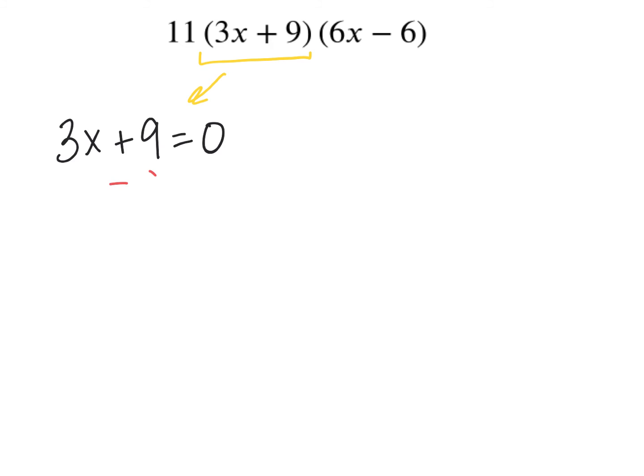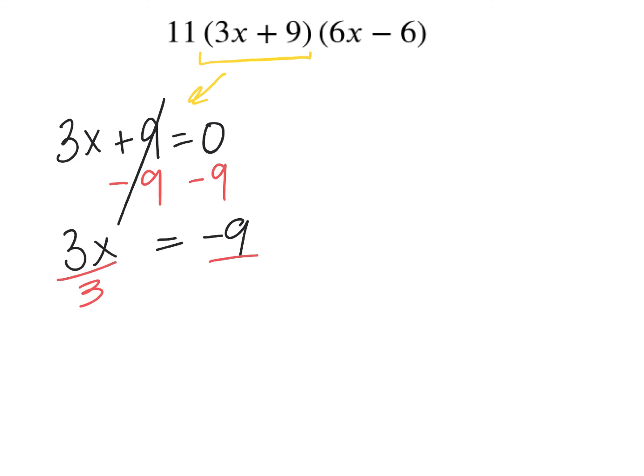We subtract 9 on both sides, and we get 3x, those cancel out, is equal to -9. And then we need to divide by 3 on both sides. Now we have x is equal to -3. So the solution, or the x-intercept you would see on the graph, is (-3, 0).